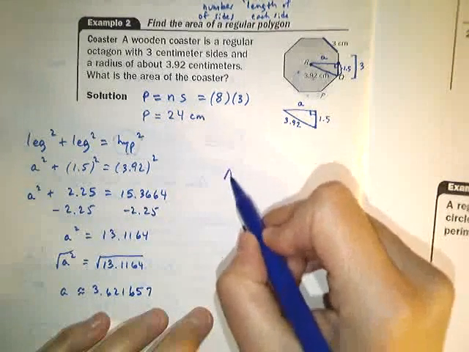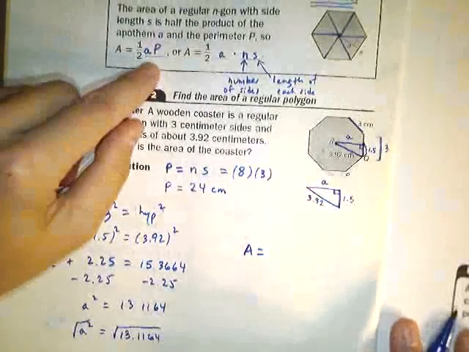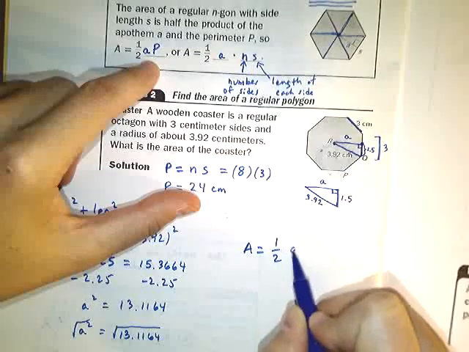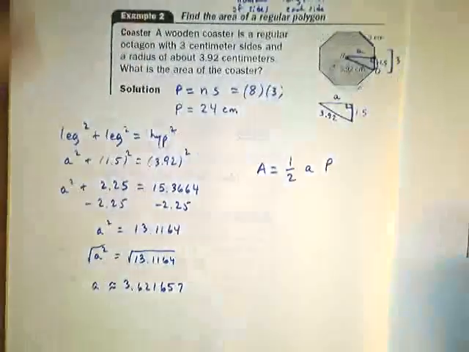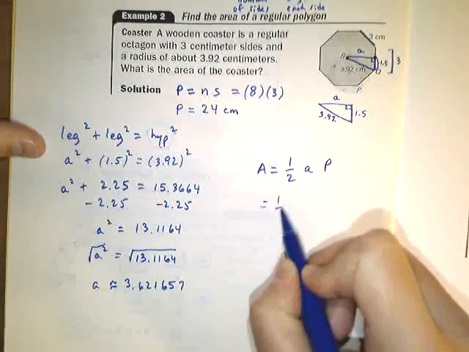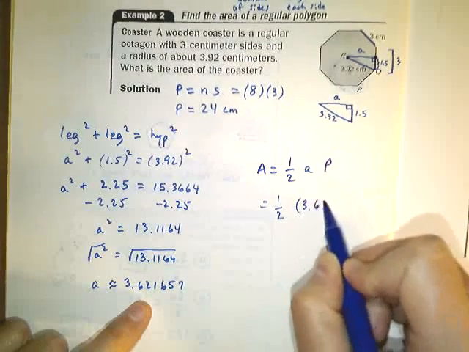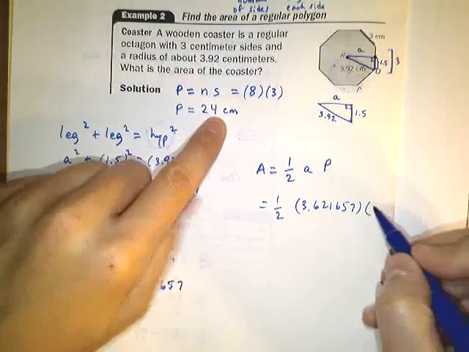Okay, so the area of the shape, we're using this formula up here, is 1/2 times the apothem times the perimeter. So that is 1/2 times the apothem, which we calculated down here, 3.621657, times the perimeter of 24.